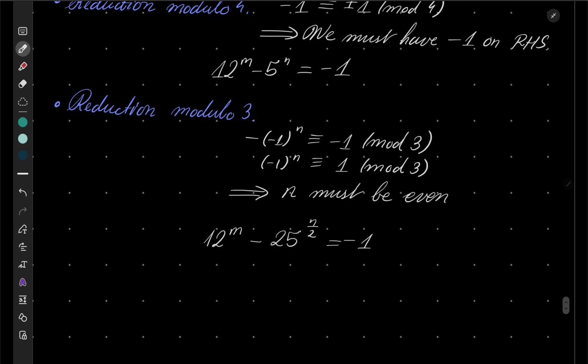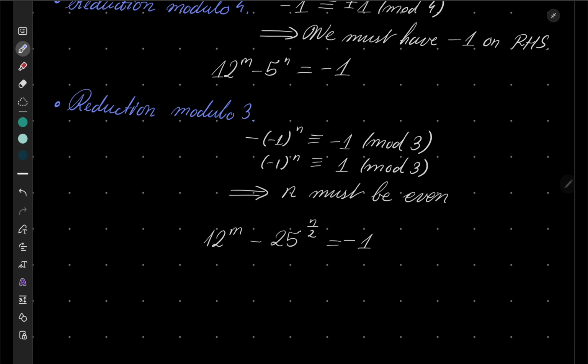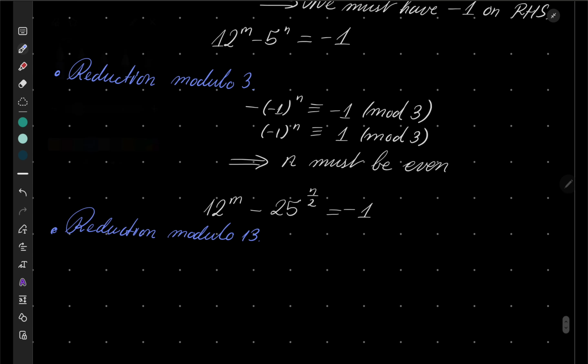Is it possible? No. Why? A reduction modulo 13. After reduction modulo 13, we have minus 1 to the power of m minus minus 1 to the power of n over 2 should be congruent to minus 1 modulo 13.